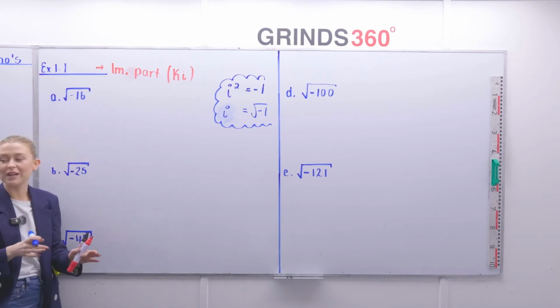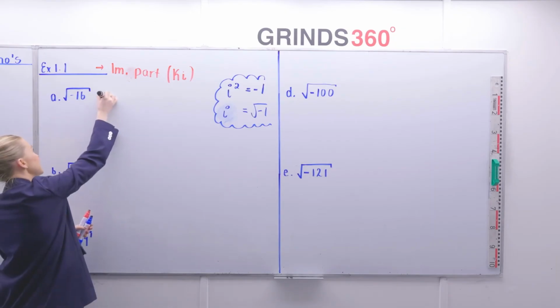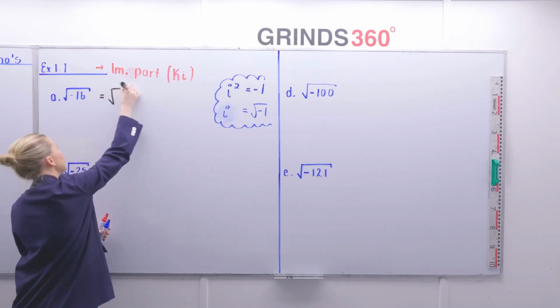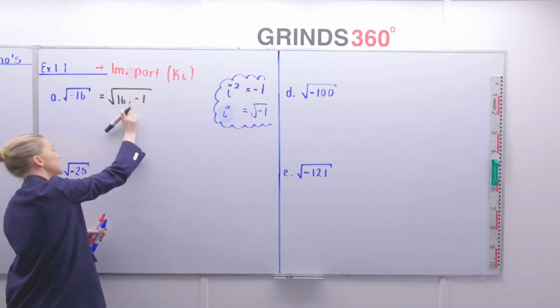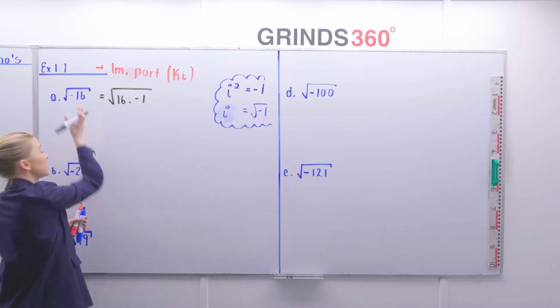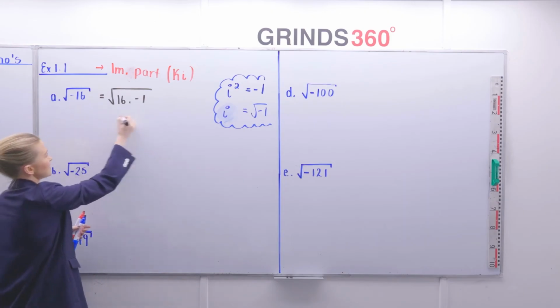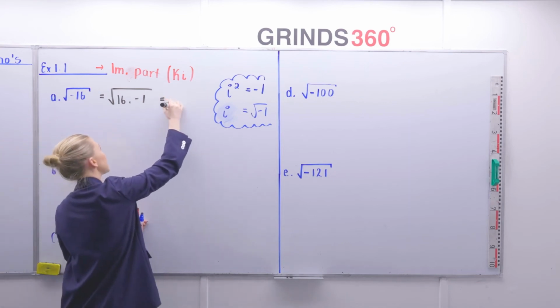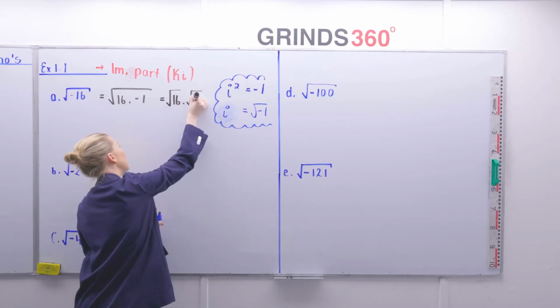So let's take a look. First of all, here we're given the square root of minus 16. The square root of minus 16 to me is the exact same as me saying the square root of 16 times minus 1. That dot there meaning times. 16 times minus 1 would give me minus 16. Which technically means that this is the exact same as me saying the square root of 16 times the square root of minus 1.